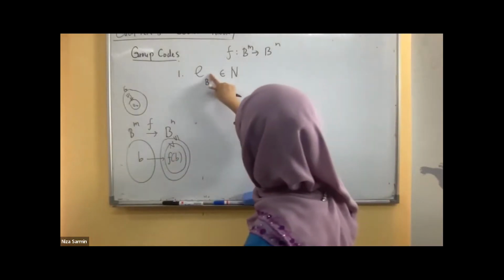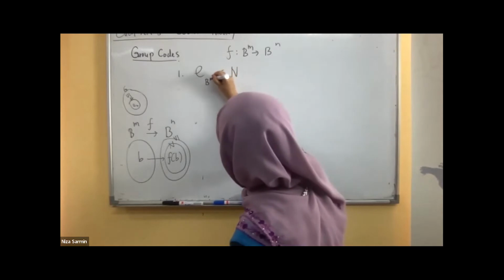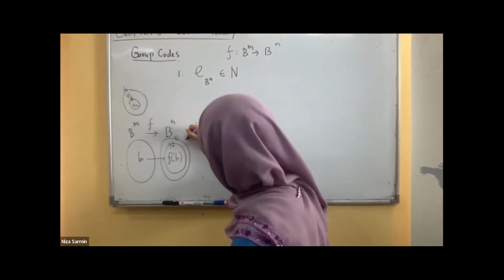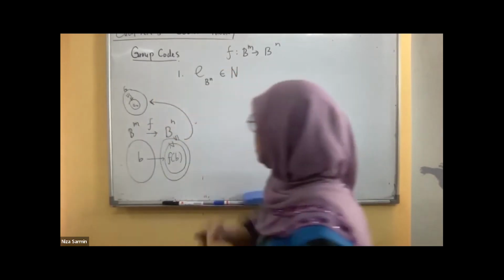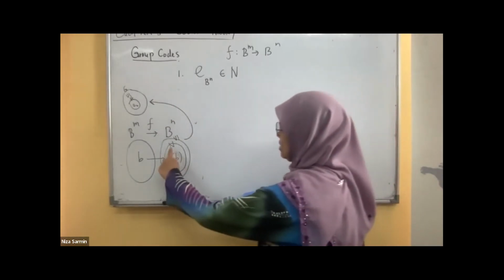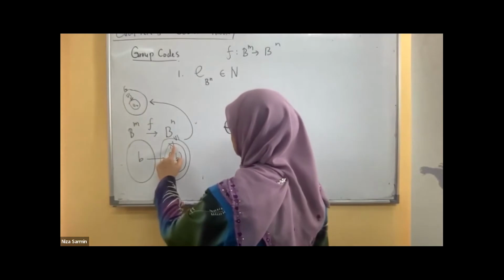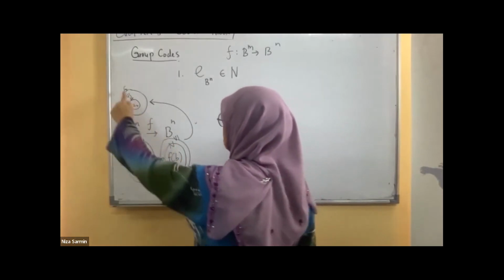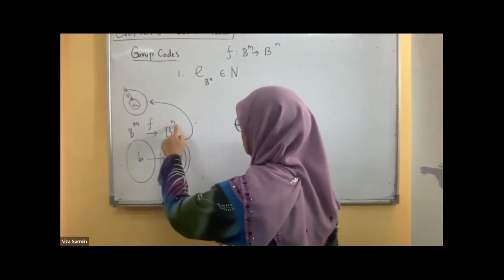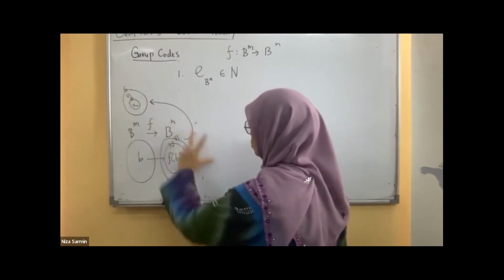Wait, sorry, you're confused. This is our N, not this one. This is our H, and G is Bn. We want to look at the image.